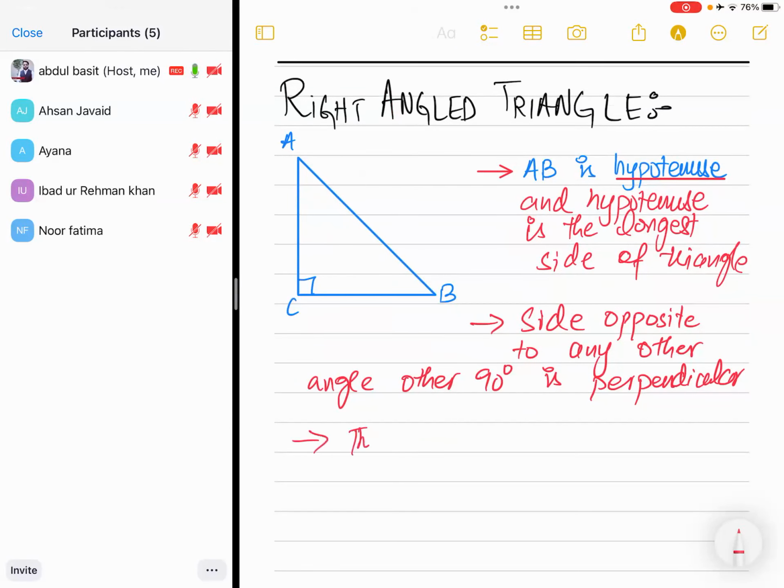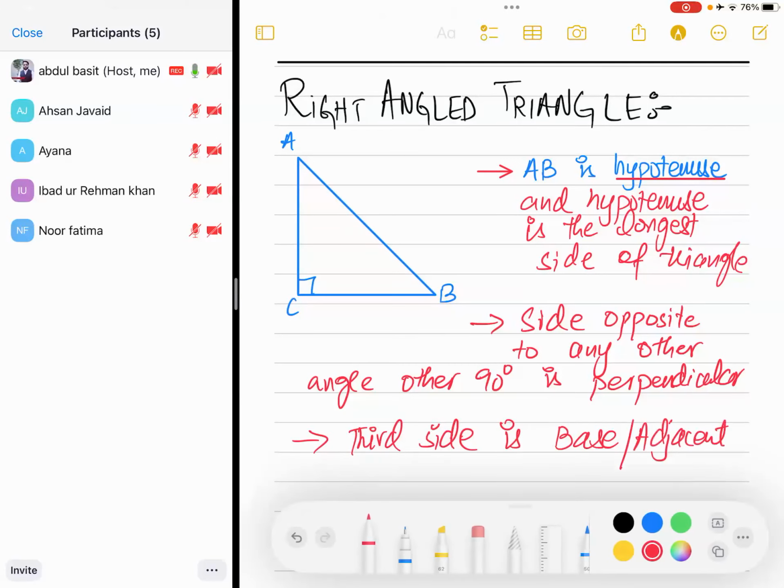And the third side is base. ठीक है, जिसको adjacent भी कहा जाता है. ठीक है, सो कार्टोआ की टेक्निक में वो क्या होती है आगे जाके पता होगा. ठीक है जी, पहले आपको ट्रायंगल्स के नाम आने चाहिए.